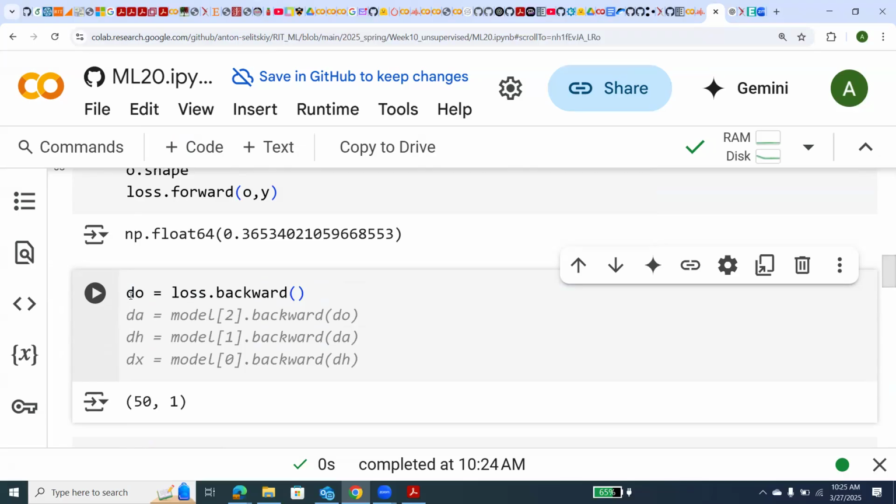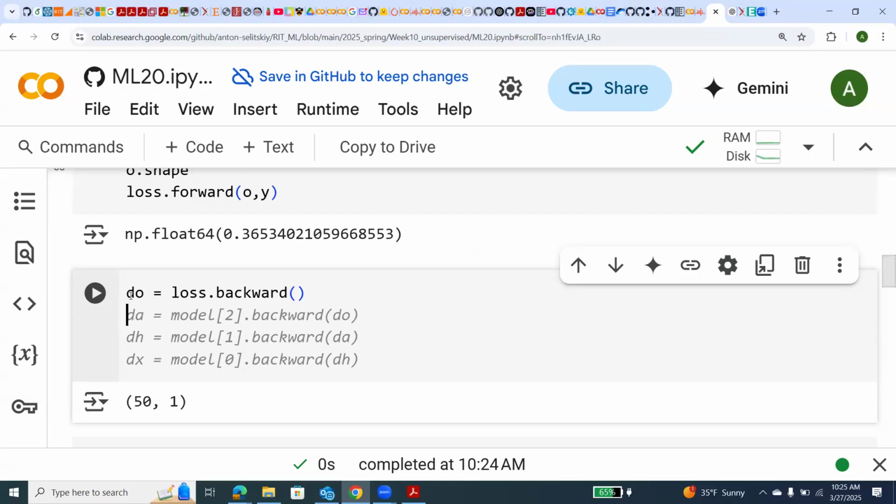So then we calculate gradient with respect to A, and it will be the backward of my second class in my list, which is activation, but I will use also inputs now. The inputs will be the gradients from the previous layer with respect to forward.